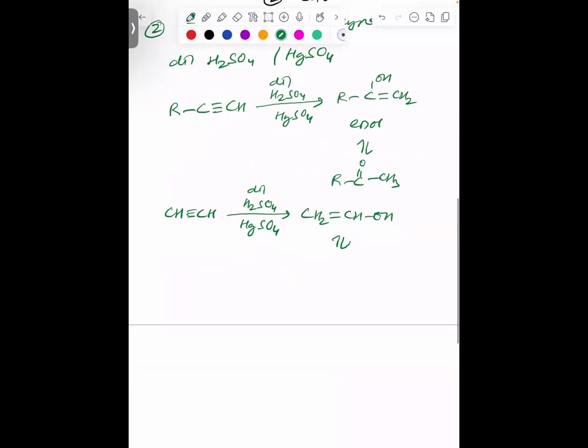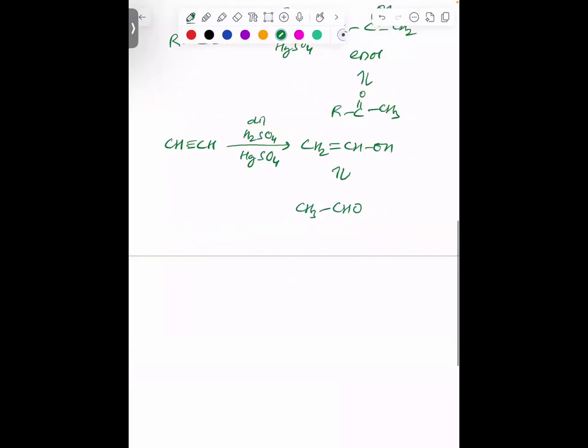The enol that is formed will tautomerize and convert. Write down. So you understood, only ethyne forms aldehyde. The enol here forms aldehyde. Only ethyne forms aldehyde and all other alkynes will make ketone as the product.